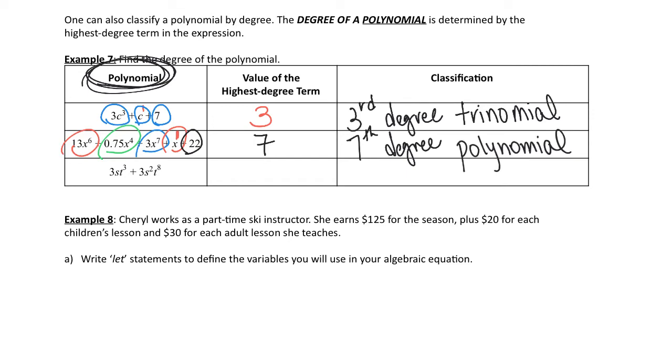All right, our last example is a little bit different, and it's kind of a challenge question. The difference between this example and the ones that we just looked at is that we have multiple letters attached together. So it's not just one letter at a time. We have the letter s and the letter t stuck together. So we've got 3st cubed plus 3s squared t to the power of 8.